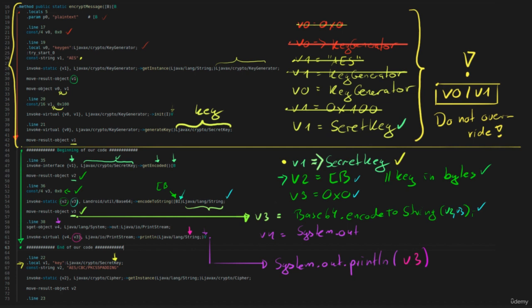Okay, and then we only got v0 left, which is not on the screen right now. Let's see. We have to scroll down later on and verify what v0 is. Our key generator. So maybe v0 is not being used afterwards. This would have meant that we could have used v0 in our code.